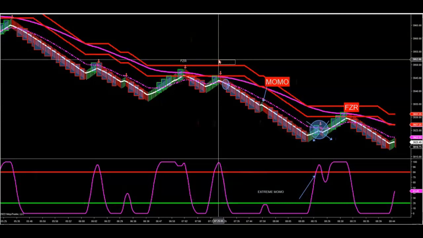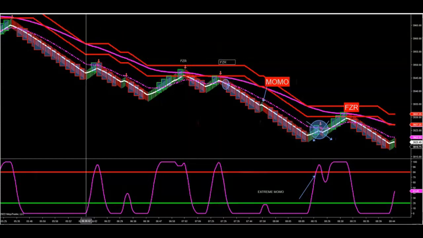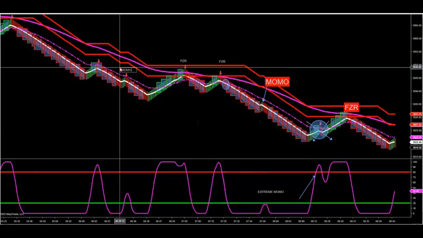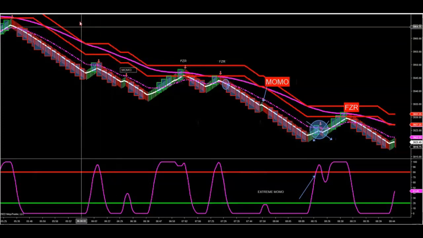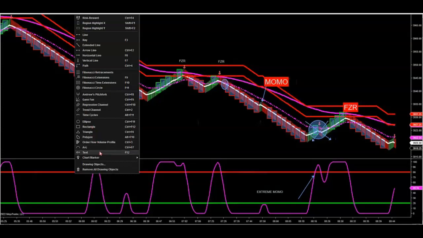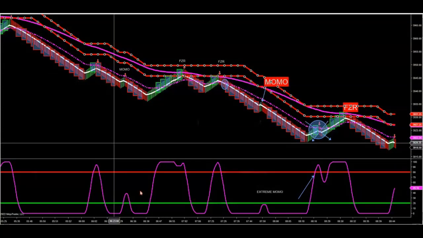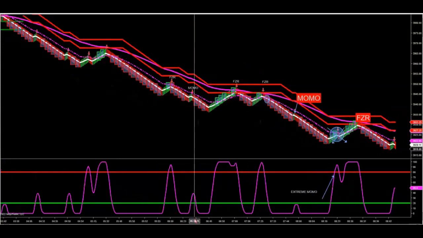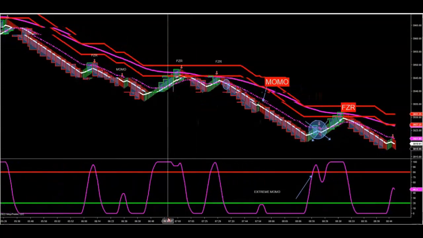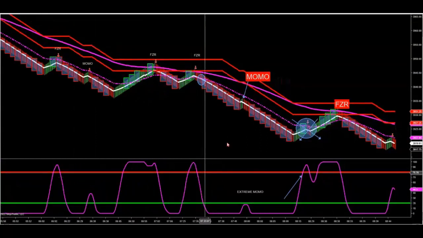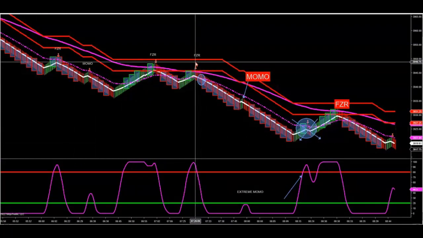It's a Momo. Oh, that's an FCR too. It's an FCR. So this is strictly a 113.13.